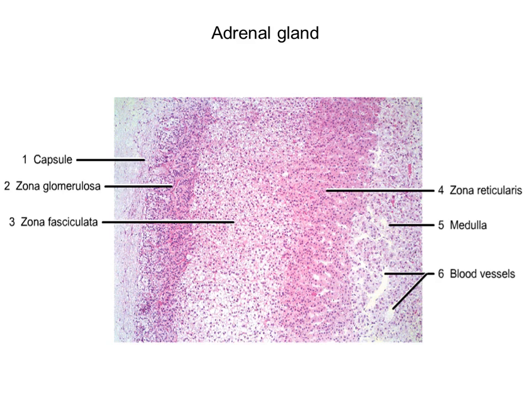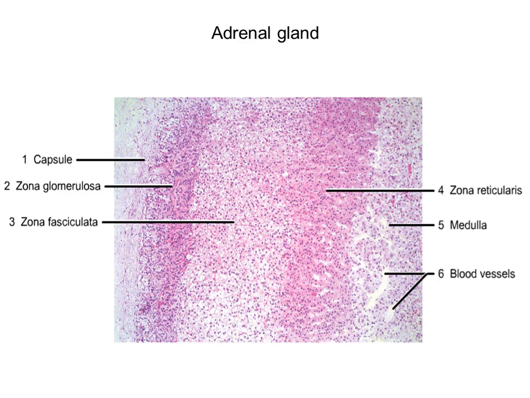Then we have the zona glomerulosa, zona fasciculata. The reason it is called zona glomerulosa is that the cells are arranged in an arched fashion, in the form of a follicle, forming a glomerulus.